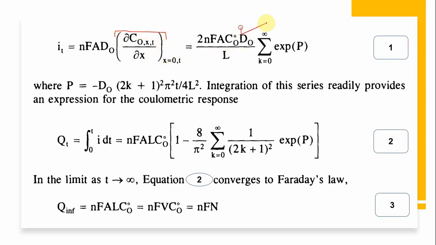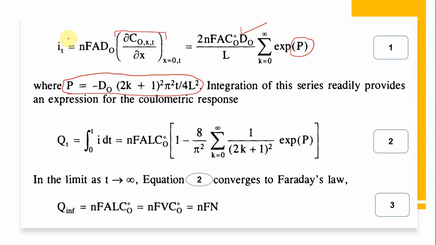Then we get this equation in which P is defined as this term, and you can see that it includes the area of the surface of the electrode and the diffusion constant. Now this is a tricky process and we don't need to get into the detail of this, but this is what we get for this type of situation.